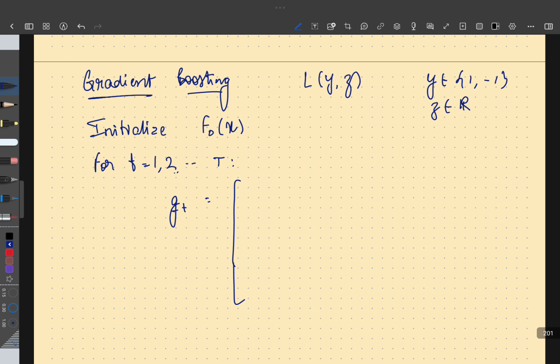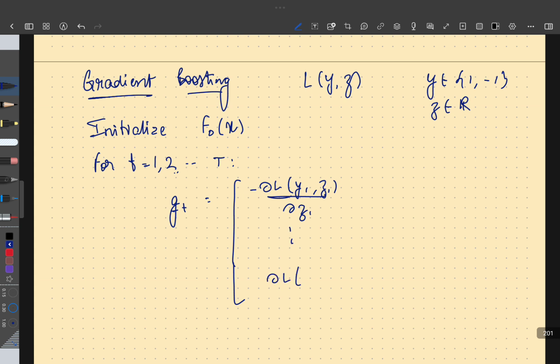So you find the gradient, which is minus the partial derivative of L of y1, z1 with respect to z1, and so on.